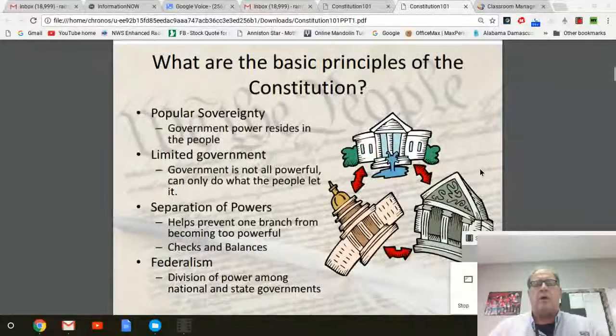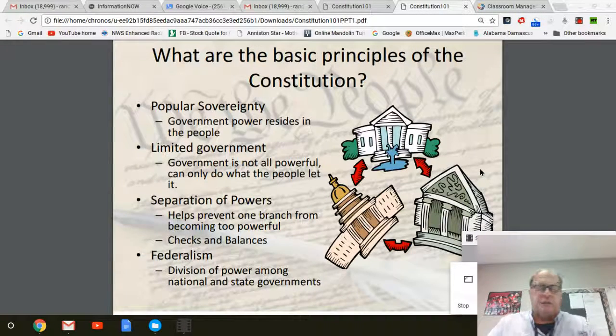So let's first talk about what are the principles of this document. First and foremost, popular sovereignty. The people govern. Now, notwithstanding, we're a Republican form of government, so we elect representatives to do that for us. But in the end, the people govern. The next basic principle of the Constitution is limited government.